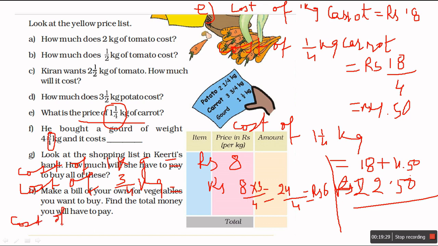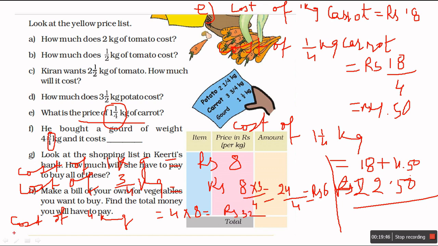Now cost of 4 kg, we will multiply 4 into 1 kg price, 8, rupees 32.